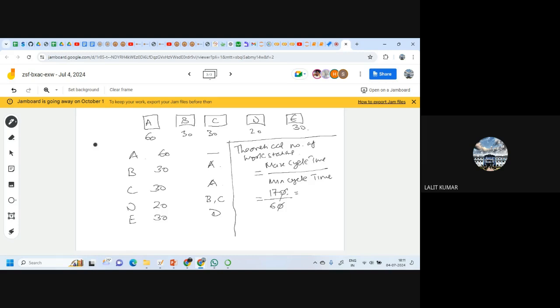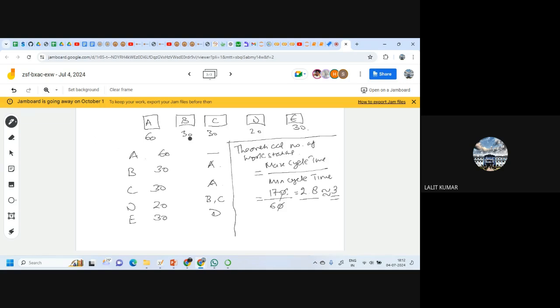So this will come around 2.83, and we increase it to the next integer, which is 3. So this is the question again from the quizzes, to find the theoretical number of workstations.